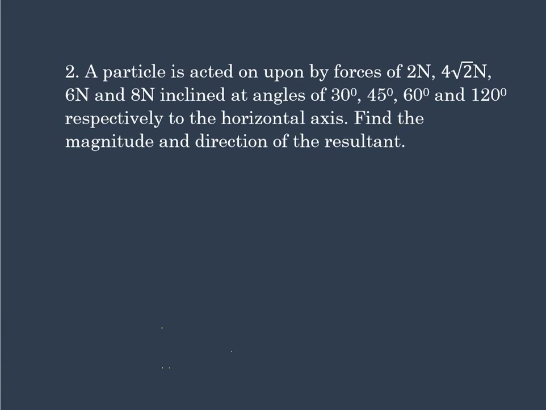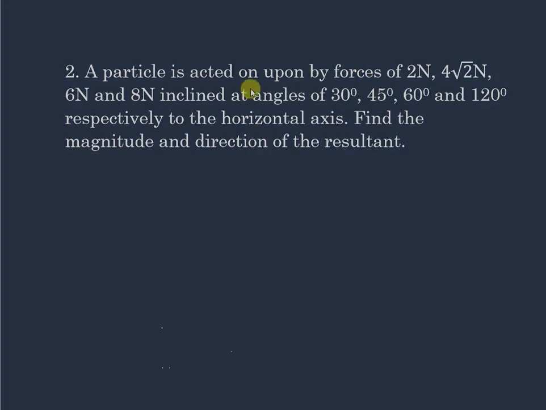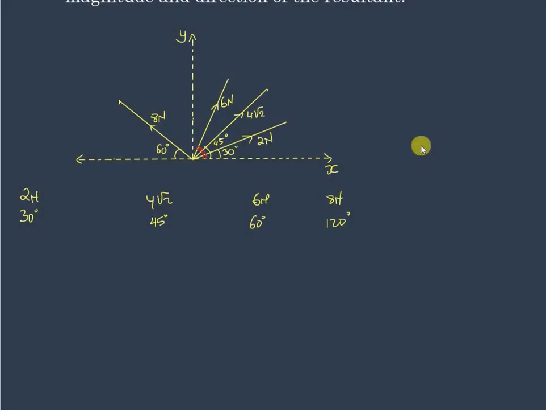Find the magnitude and the direction of the resultant. I shall make some bit of a sketch. I will sketch out these forces. Now this one is the analysis of the question. The wordings we have here can be analyzed into this diagram here.